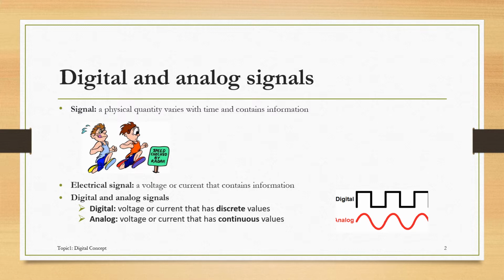First, signal. A signal is a physical quantity that varies with time and contains information. For example, I have two persons running here.